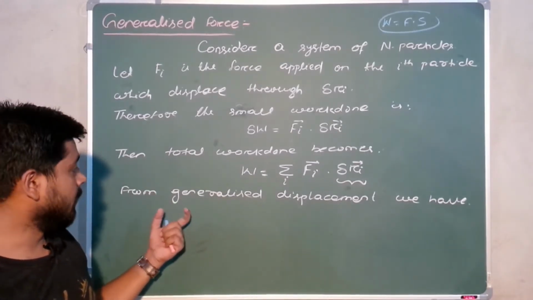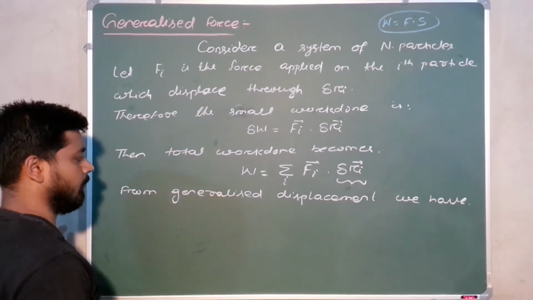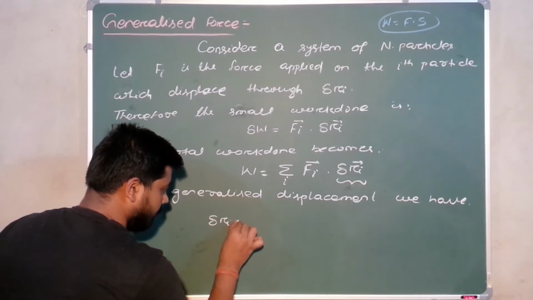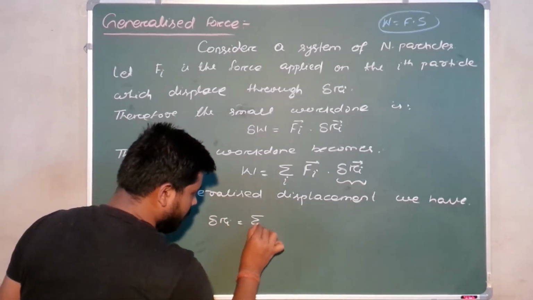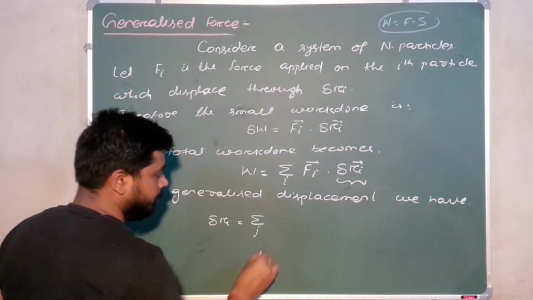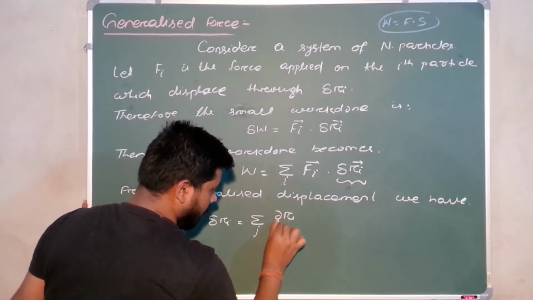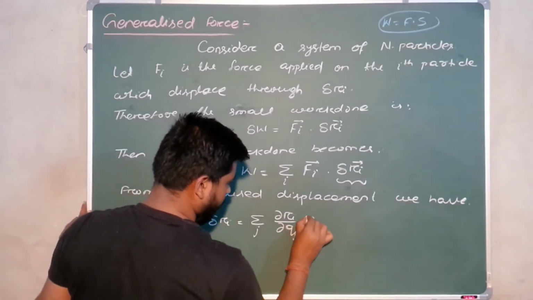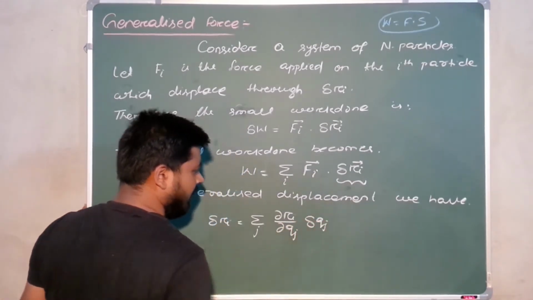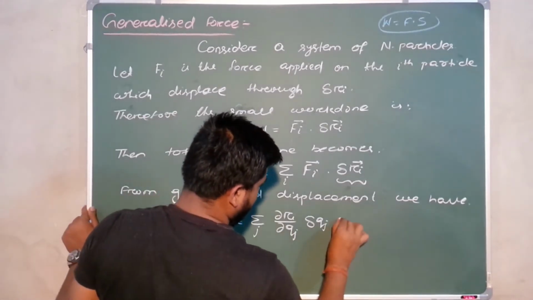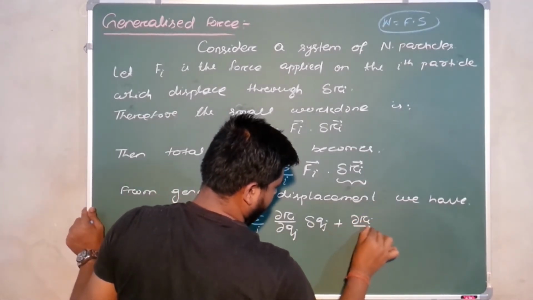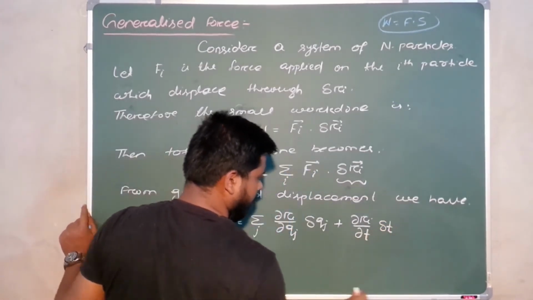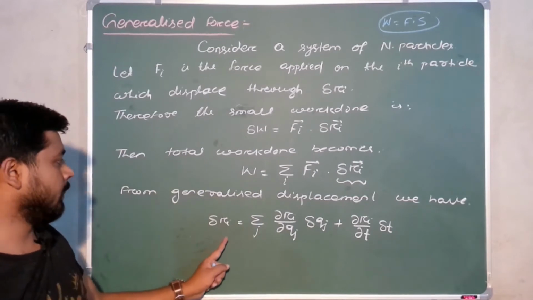Okay, in the generalized displacement we got delta Ri equals sum over j dou Ri by dou Qj into delta Qj, and another time term is there, that is dou Ri by dou t into delta t. This we got in the generalized displacement.